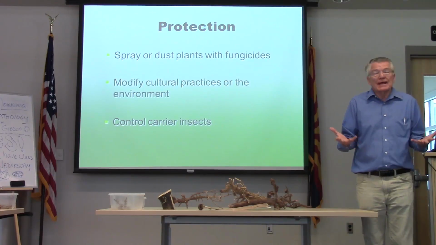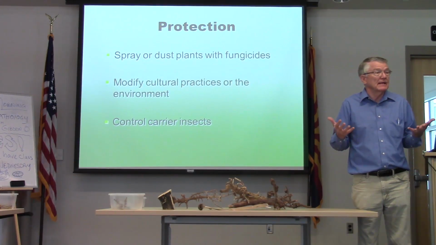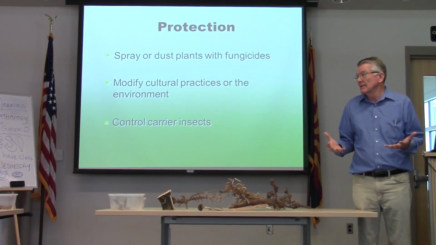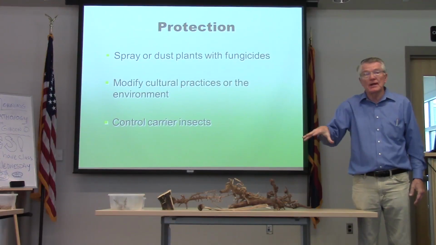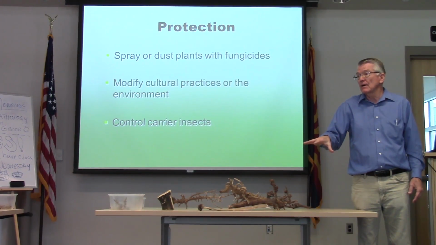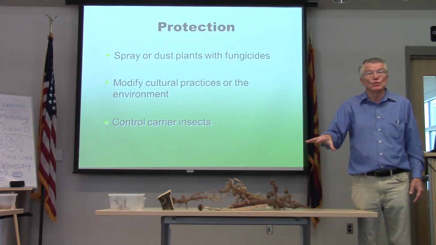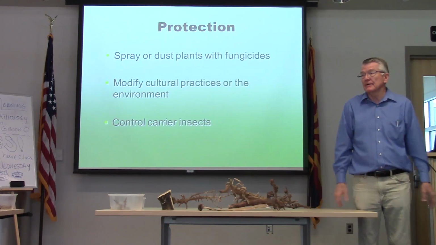I'm here to tell you that control of a particular pest is usually going to take a program of various kinds of things. We just can't rely on a spray. We've also got to probably rely on cultural control so that they can work together synergistically.